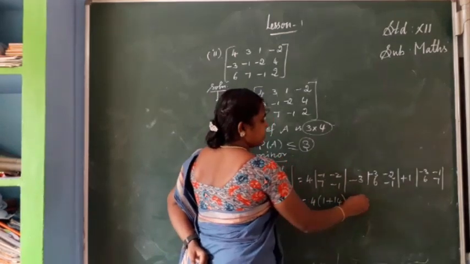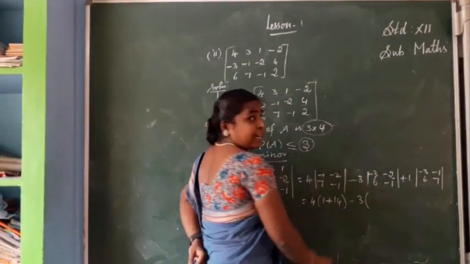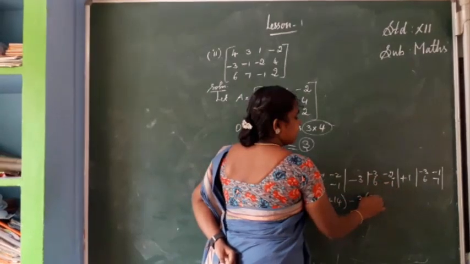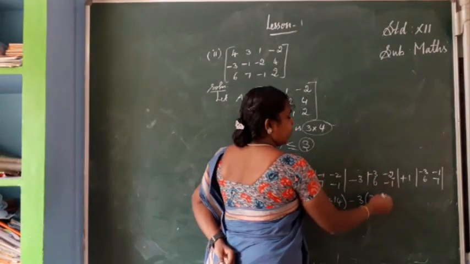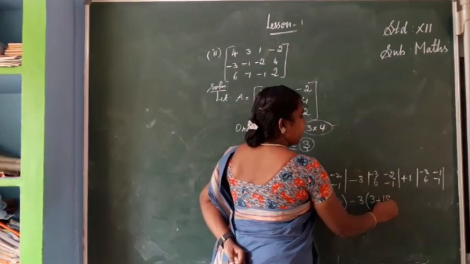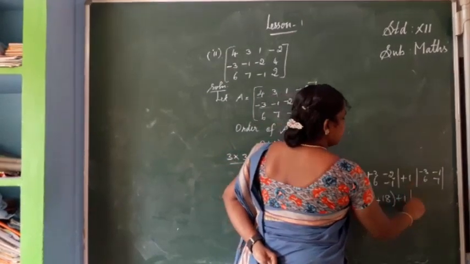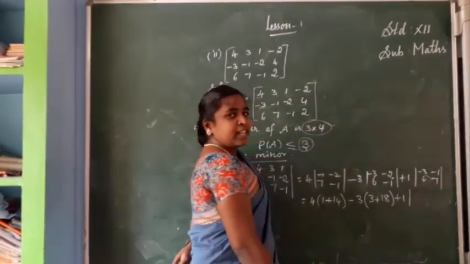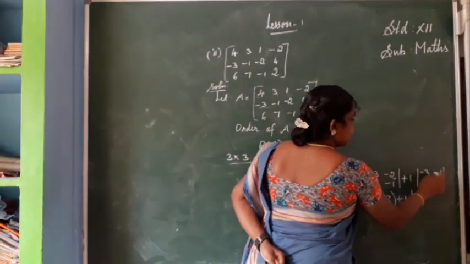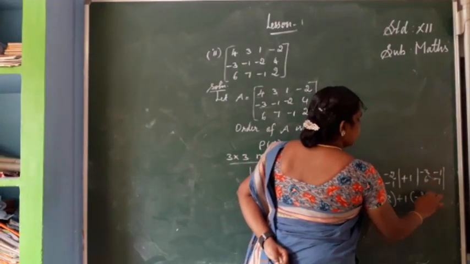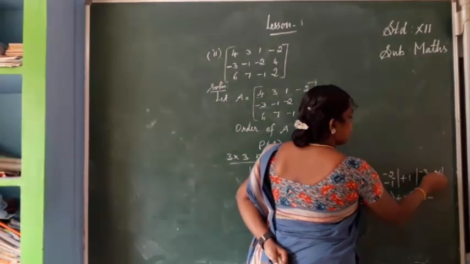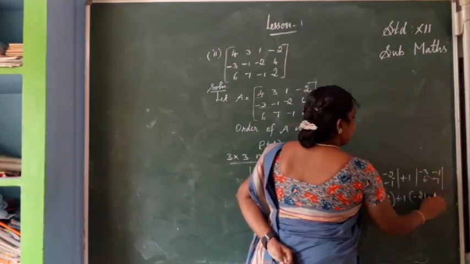Okay, next minus 3 into: minus 3 times minus 1 is 3. Next minus 1 times minus 2 gives plus, 6 twos are 12, so 3 plus 12. Next plus 1 into: minus 3 times 7, minus 3 sevens are 21, next minus 6 times minus 1 is 6.